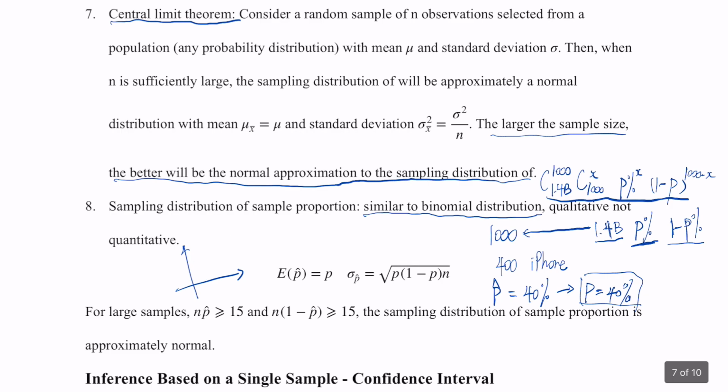Well, this is bad. It is discrete, not continuous. However, as the sample becomes larger and larger, we will have more and more probabilities. Then you can see it becomes a normal distribution.